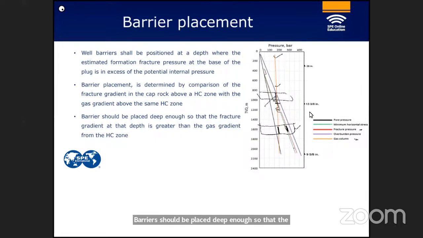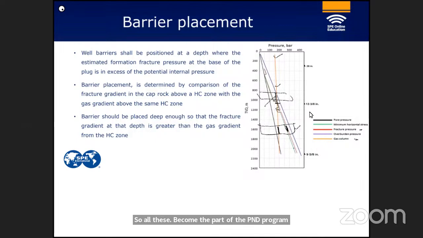So it is the same thing mentioned in three different ways. This helps us give the location of the plug. We have the length of the plug, the location of the plug, the material of the plug specified, and the verification method of the plug defined. All of these become part of the P&A program.